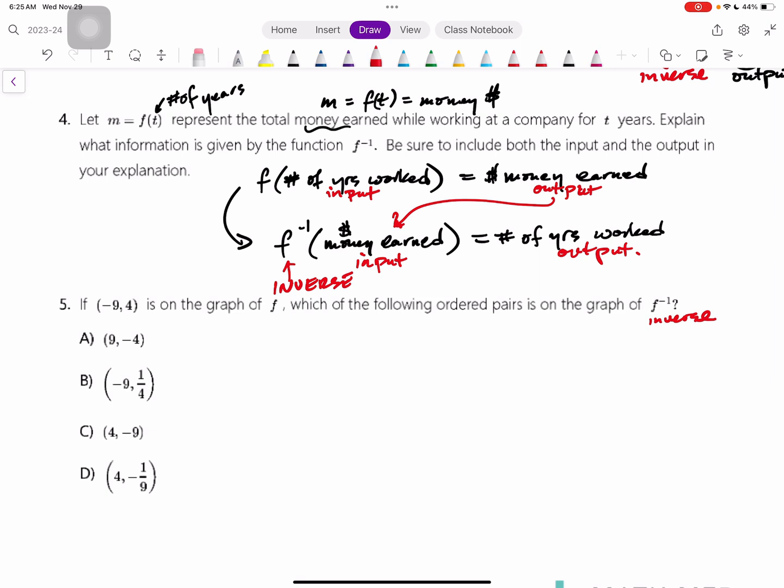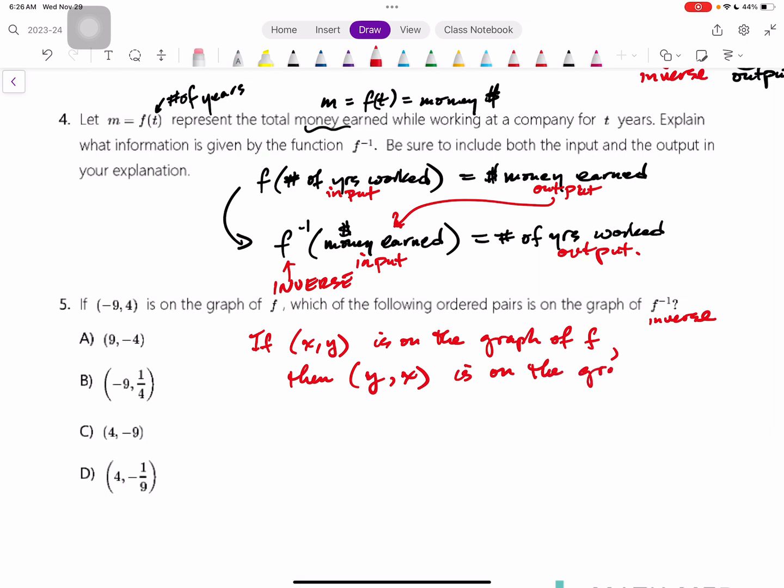You have to remember that for any function, when you switch from f to f inverse, if any point, call it x comma y, is on the graph of f, then if you switch the domain and range, y comma x is on the graph of f inverse.